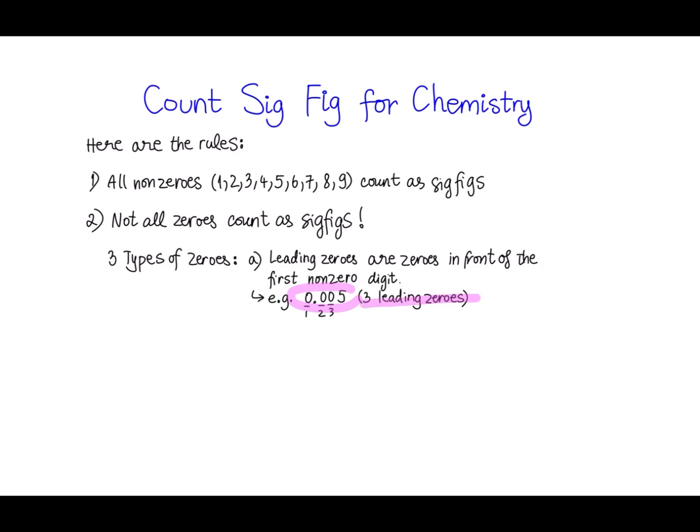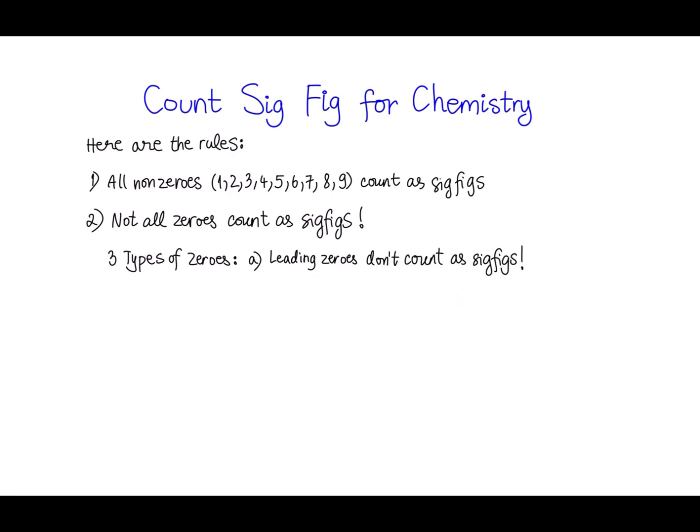The rule for leading zeros is that they are never counted as sigfigs. So going back to that problem, 0.005, the 3 leading zeros in front of the number 5 are not considered sigfigs. So in total, the number 0.005 only has 1 significant figure.